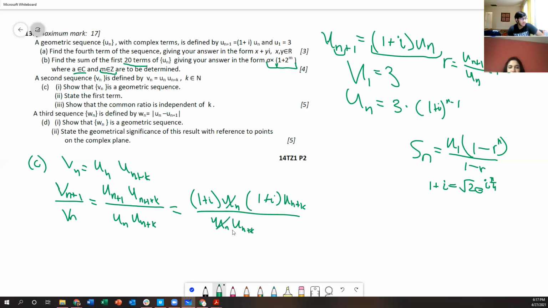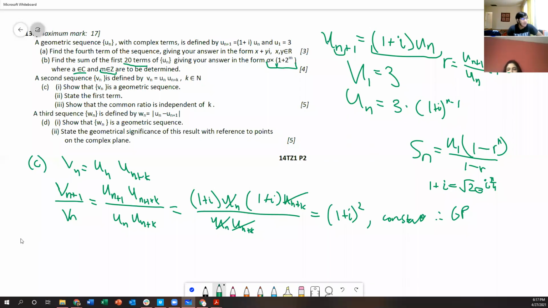U n cancels. U n plus k cancels. We get 1 plus i times 1 plus i, which is 1 plus i quantity squared. It's a constant term, right? i is not a variable here, it's the imaginary unit. So this is constant, therefore a geometric progression. You can say GP. It's not series, GP means geometric progression.